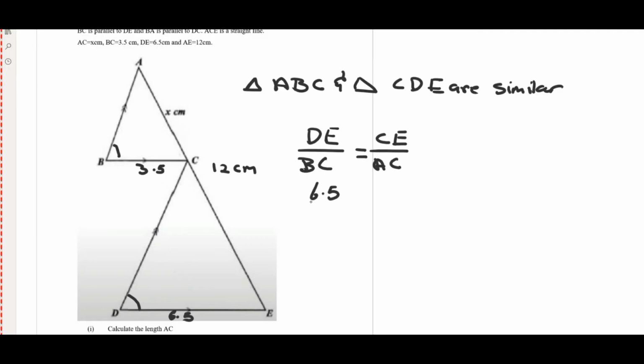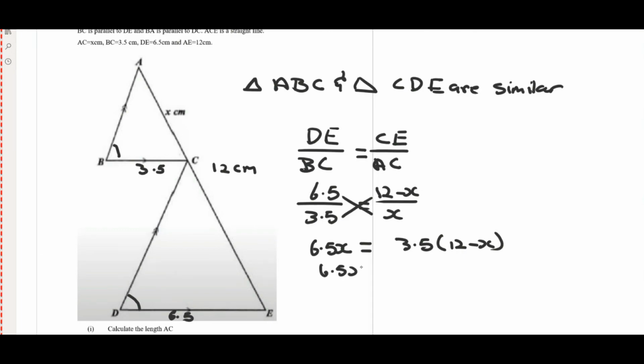That's 6.5 over 3.5 is equal to CE, which is 12 minus X, over X. So you cross multiply, and you get 6.5X is equal to 3.5 by 12 minus X. So 6.5X is equal to 3.5 by 12, which is 42, minus 3.5X.